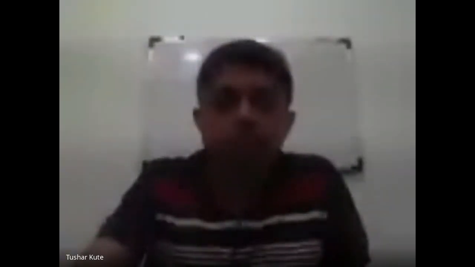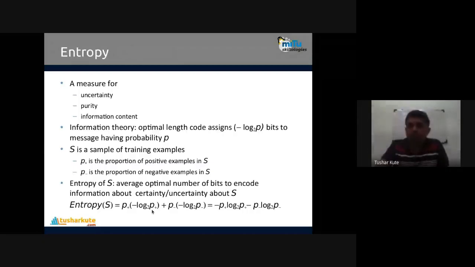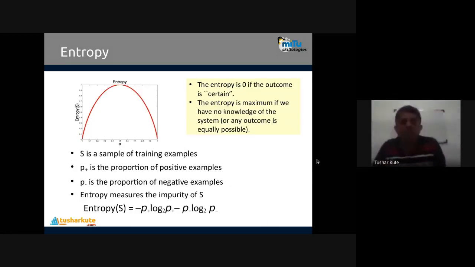Entropy of S is equal to P plus, that is the positive probability, into minus log of P plus to the base 2, plus P minus into minus log of P minus to the base 2. So entropy equals minus P plus log to the base 2 of P plus, minus P minus log to the base 2 of P minus. This formula is used to find the entropy.